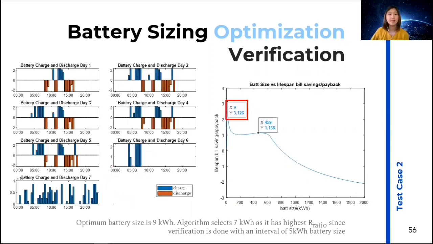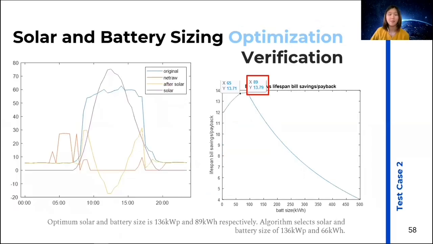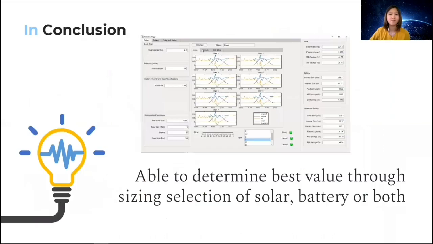For battery sizing, similar to test case 1, the algorithm produces accurate results for battery sizing optimization, with similar trends of battery charging and discharging and battery content, with full battery content occurring on every weekday 8 AM and 24 hours throughout weekends. Lastly, solar and battery sizing also produce accurate results as demonstrated here. This time, no flowback occurs as energy is flowed into the battery for charging instead.